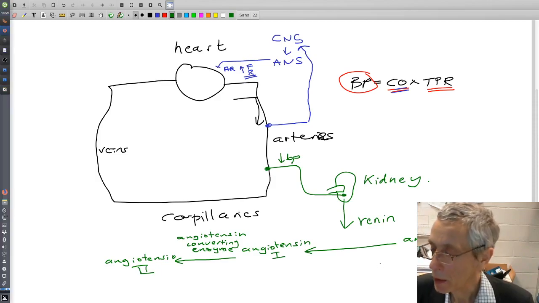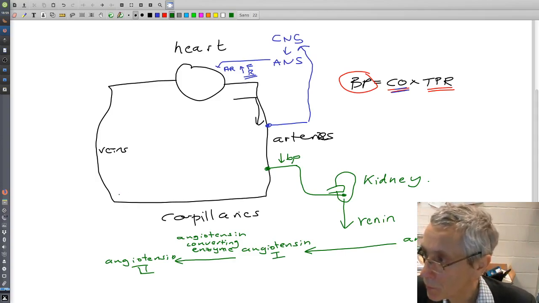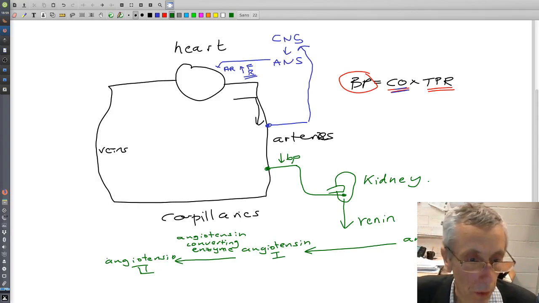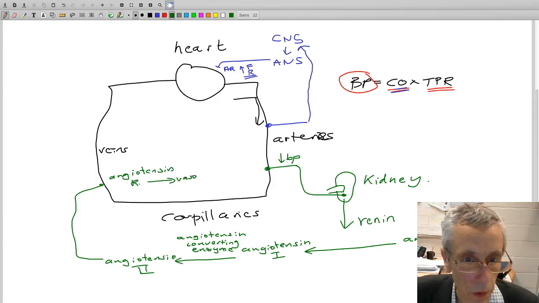Now from this stage a number of things happen. First of all, angiotensin 2 acts on angiotensin receptors causing vasoconstriction.